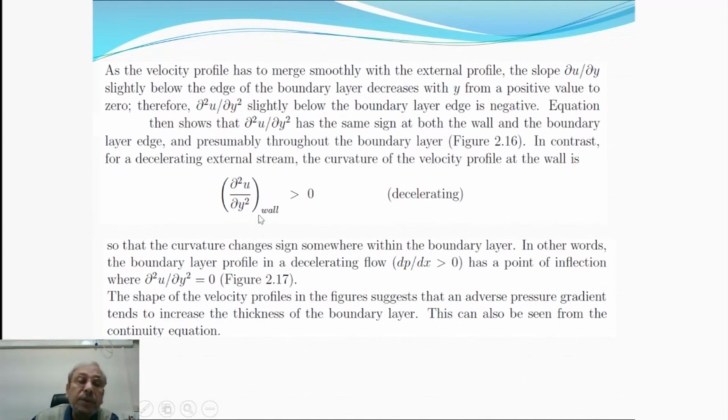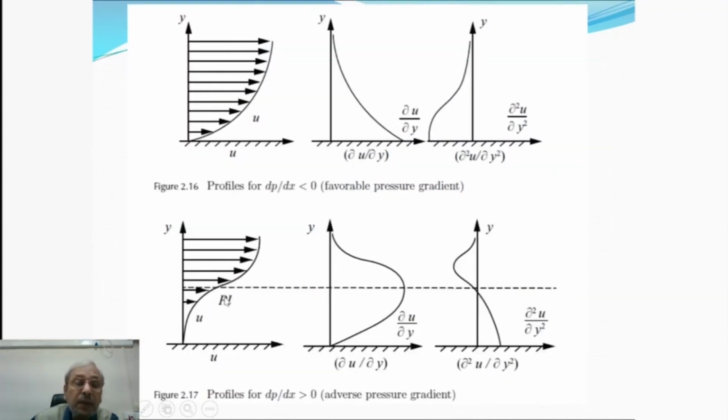Since dp/dx is positive, ∂²u/∂y² at the wall is also positive. Now the curvature changes sign somewhere within the boundary layer. In other words, the boundary layer profile in a decelerating flow, with positive or adverse pressure gradient, has a point of inflection where ∂²u/∂y² = 0.